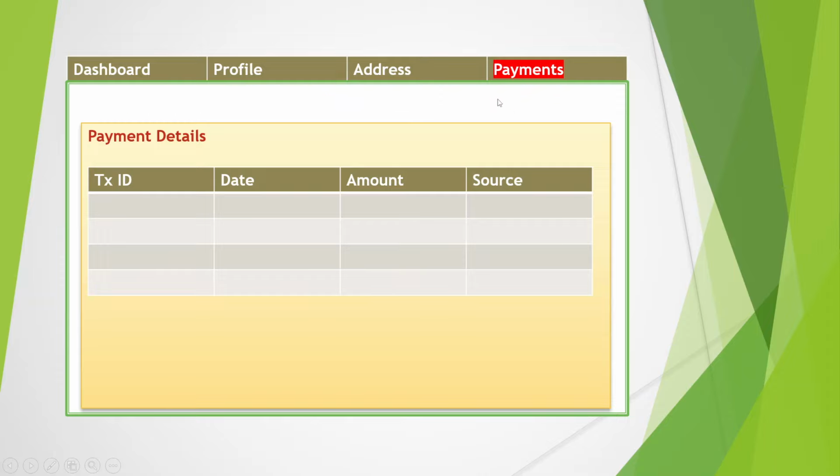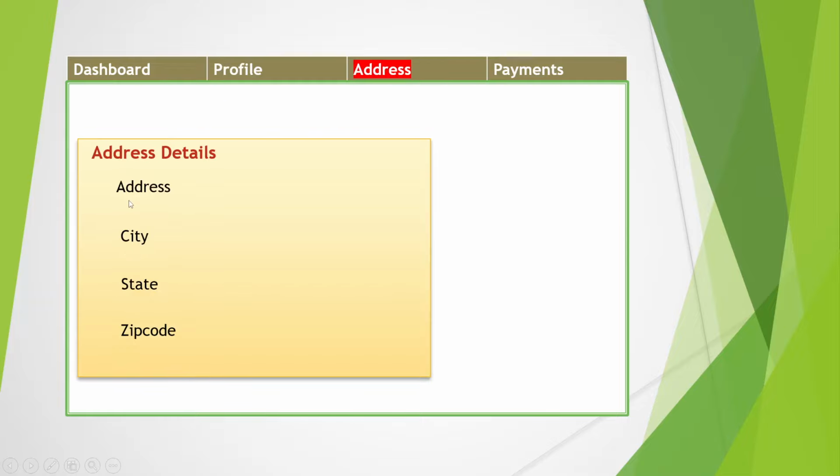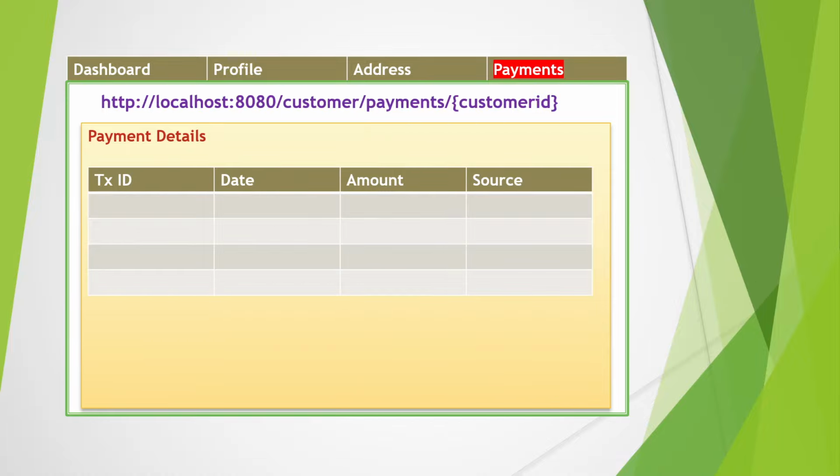So profile invokes the profile related microservice and gets the profile details. Address invokes the address related service and gets only the address details. Payments invokes the payment microservice and gets all the payments done by that customer. So these are three different services being invoked from three different pages or tabs of your client application.